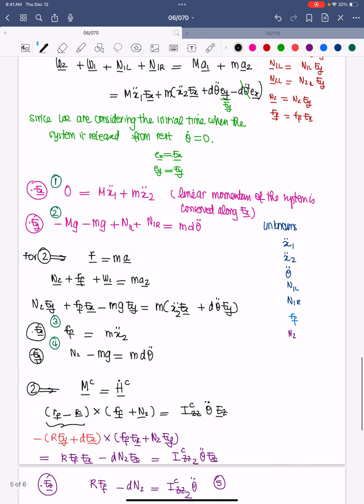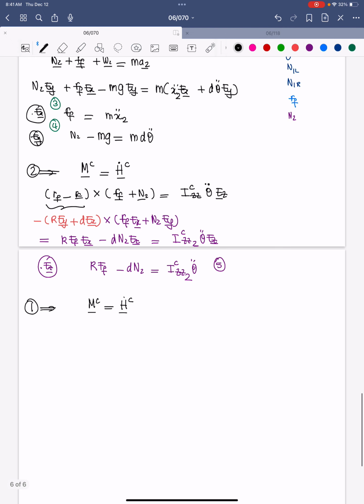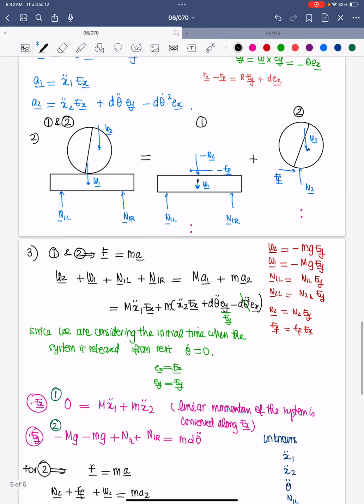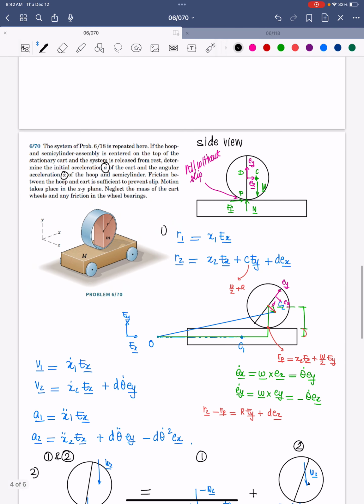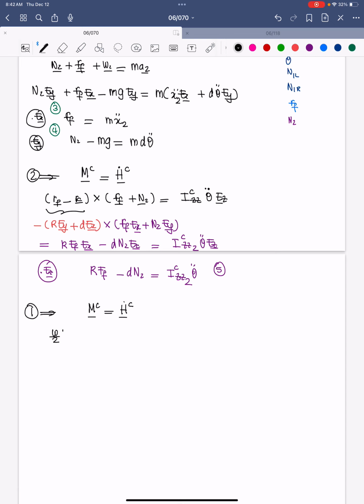And remember that we're doing this initially. So initially, the normal force N2 is aligned with the center of mass of the cart, so it has no moment about it. The friction force will have a moment. The position vector to the friction force is going to be the width of the cart over 2. Is that what's given? No, so maybe we will not need it. I will see what I'm missing. Width over 2 EY crossed with the minus of the friction force EX.